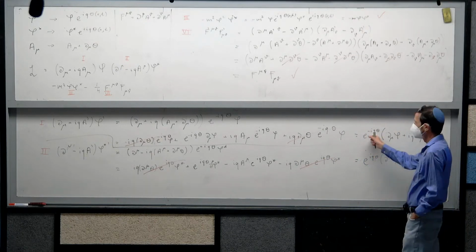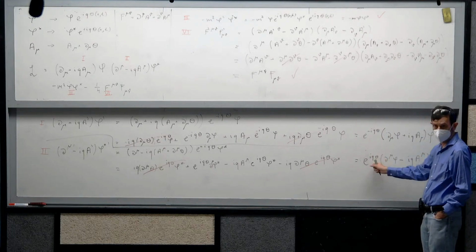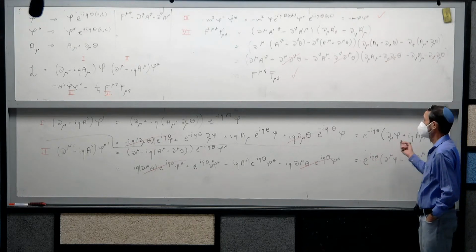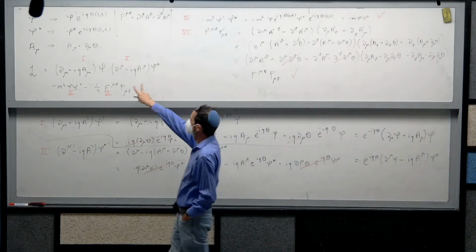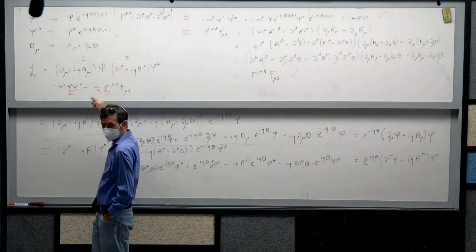And now, when I'm multiplying one by the other, I lose the phase. And they remain exactly with first term, second term.